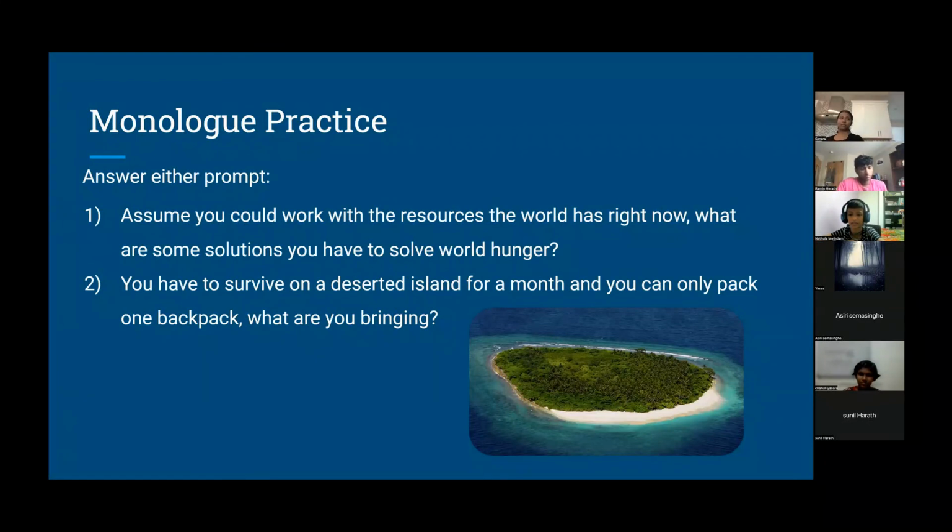I would pack something like a LifeStraw, which is a survival filter, and a Swiss army knife, a fire starter, a small hatchet and some kind of sharpening tools.